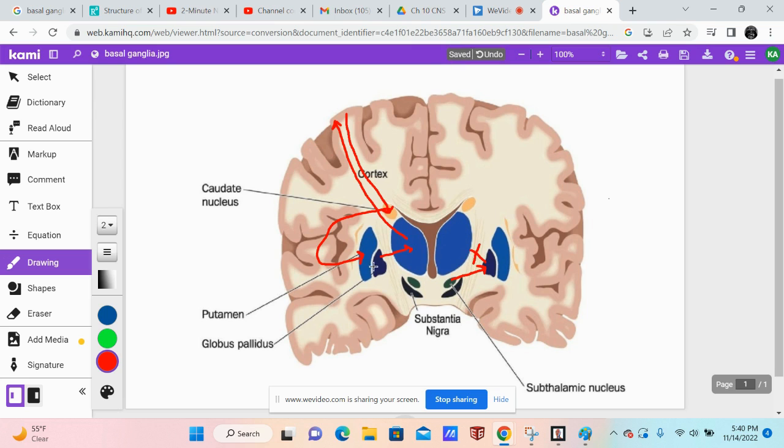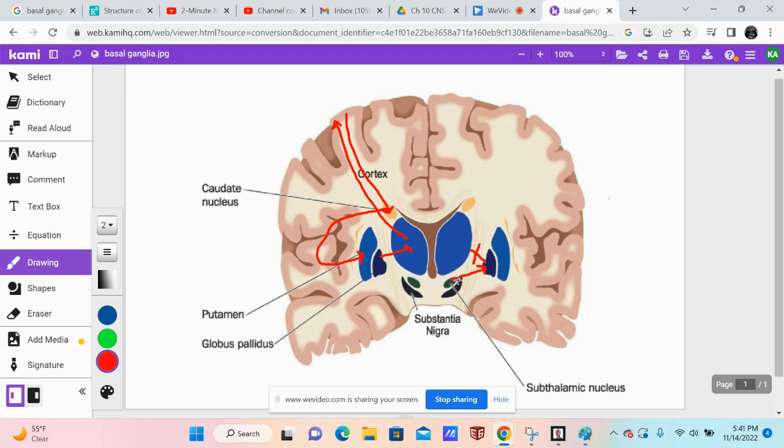And so when the brain is unable to keep the thalamus from being stimulated, when it has trouble inhibiting the thalamus, that leads to Parkinson's disease because you get muscle contractions that you do not want.